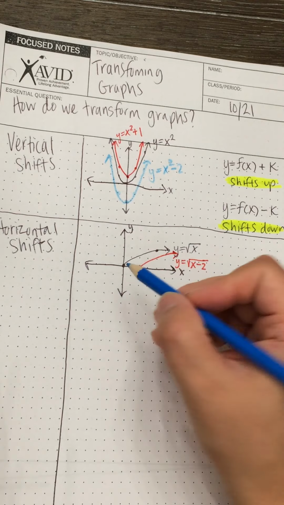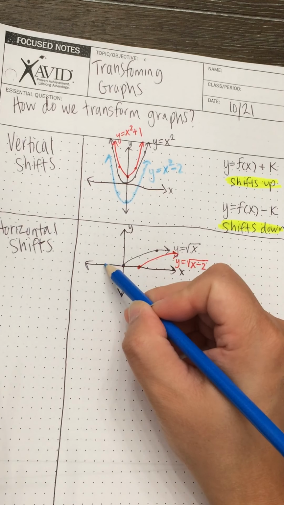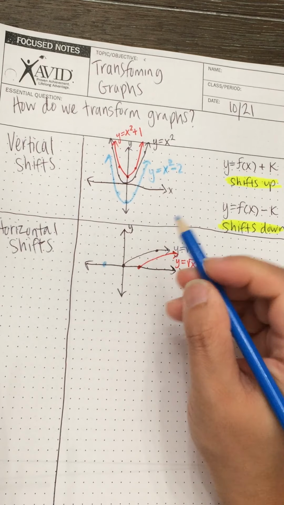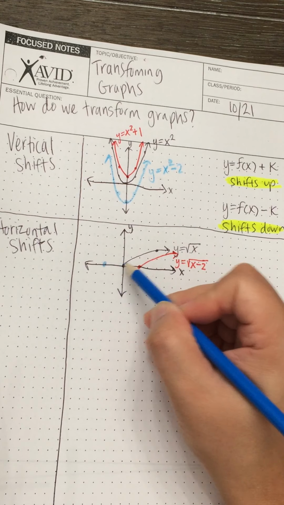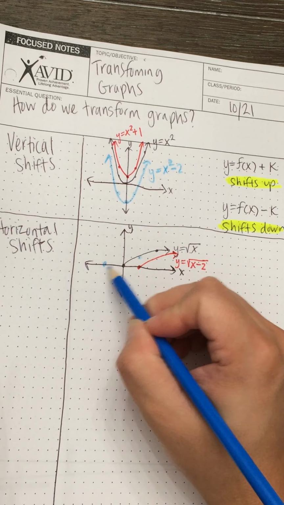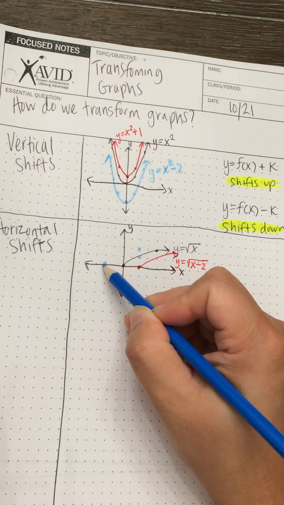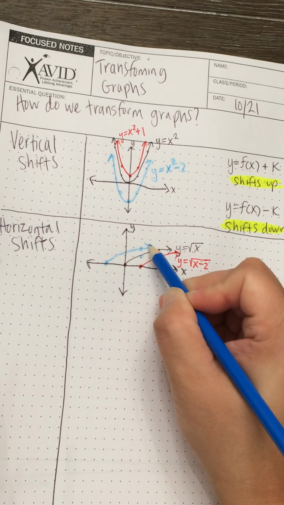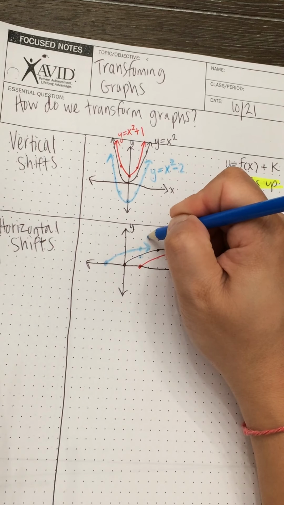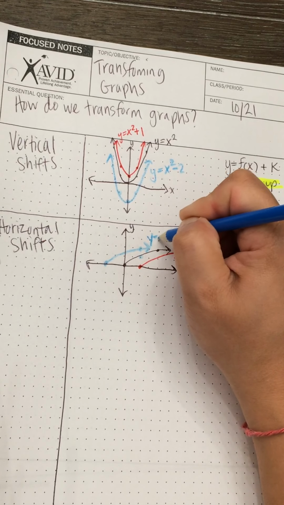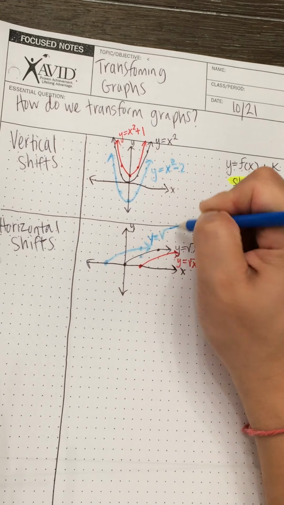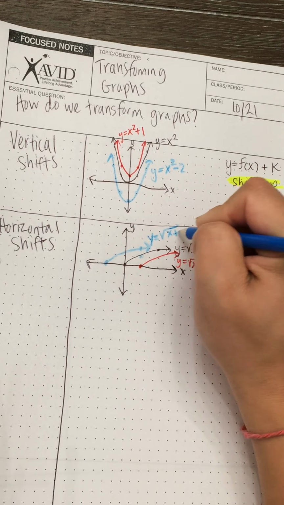How do we make it move to the left? So let's move it to the left 2 spaces. So we are right here. Oh, I'm sorry, up here. So there we go. This is y equals the square root of x plus 2.